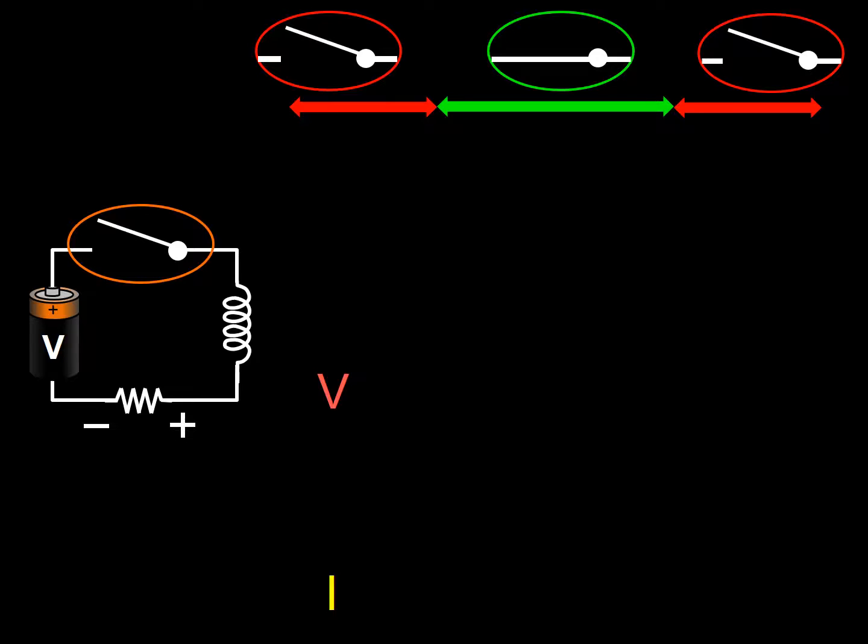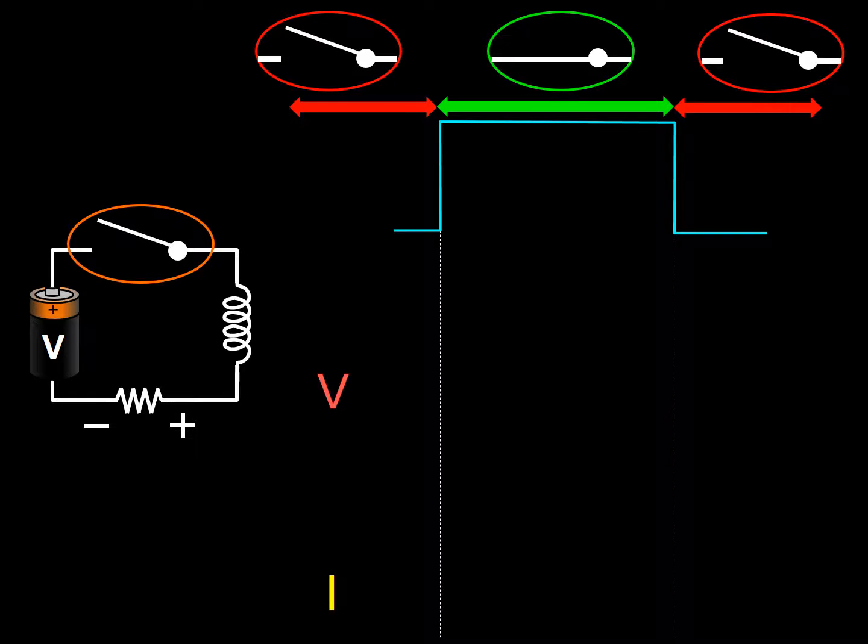The one to your right is open, hence electricity is not going through. The aqua line represents the voltage applied. The area within the dashed lines represents the time voltage is applied to the circuit.